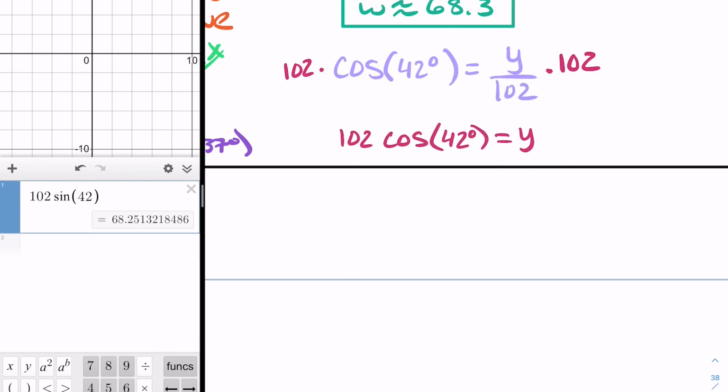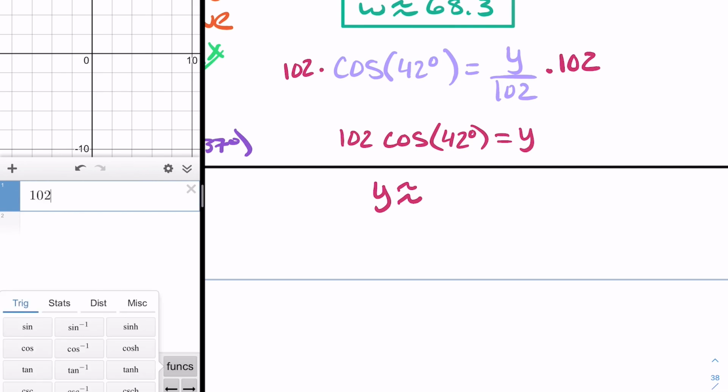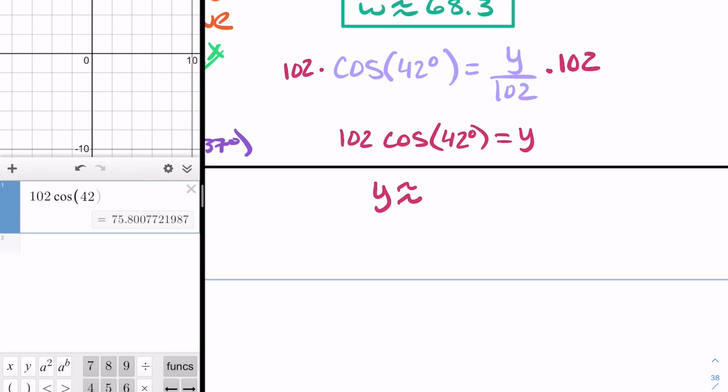And so y approximately equals 75.8007. Rounding this side length, y is about 75.8.